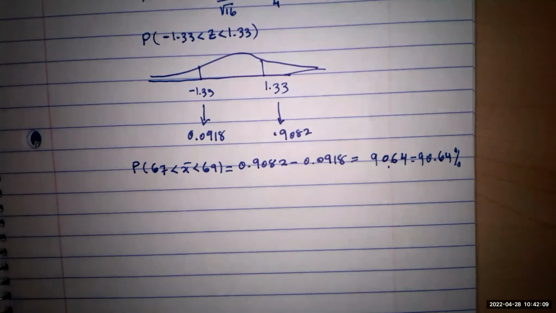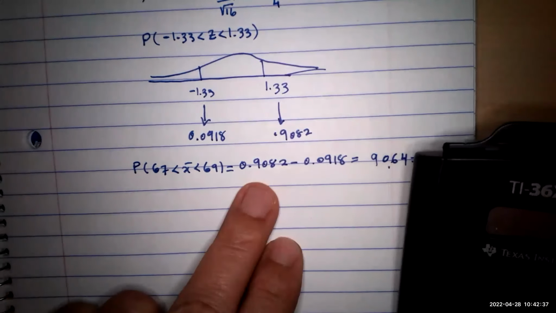So I double check it. I have 0.9082 minus 0.0918. Oops, what I missed. 0.8164.